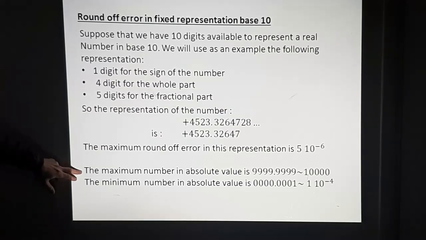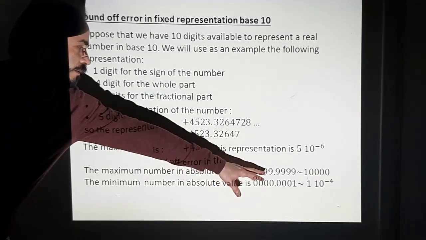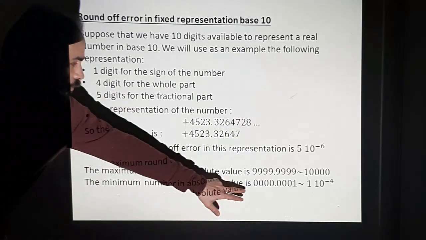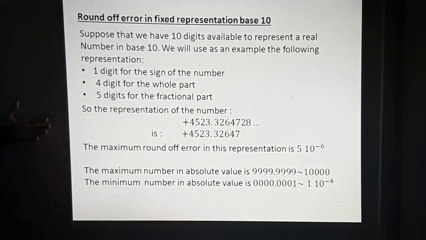The maximum number that we can represent would be 9999.99999, about 10 to the 4, and the minimum number is 0.00001, that is 10 to the minus 5. This is an example of a fixed point representation.